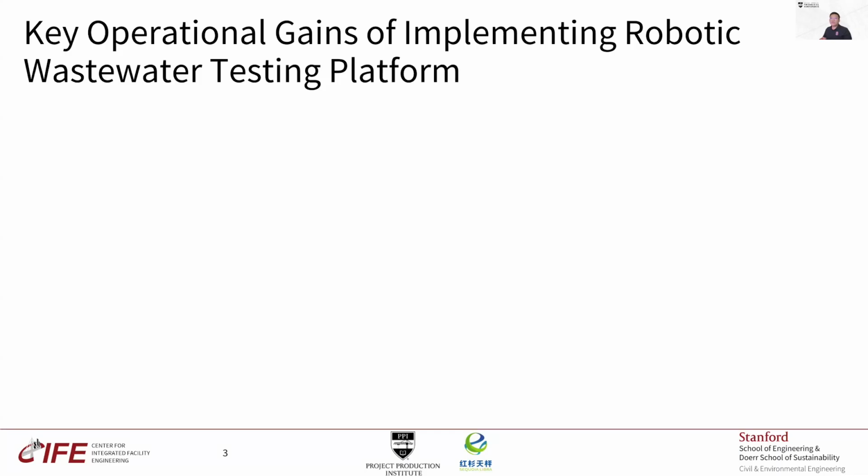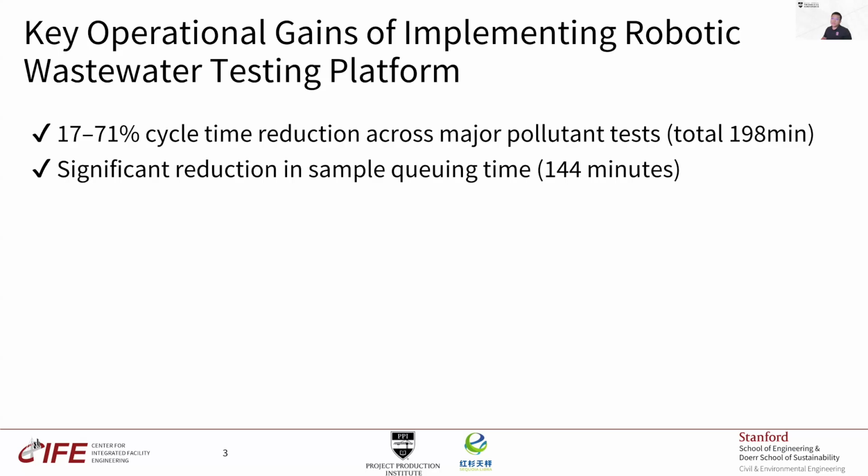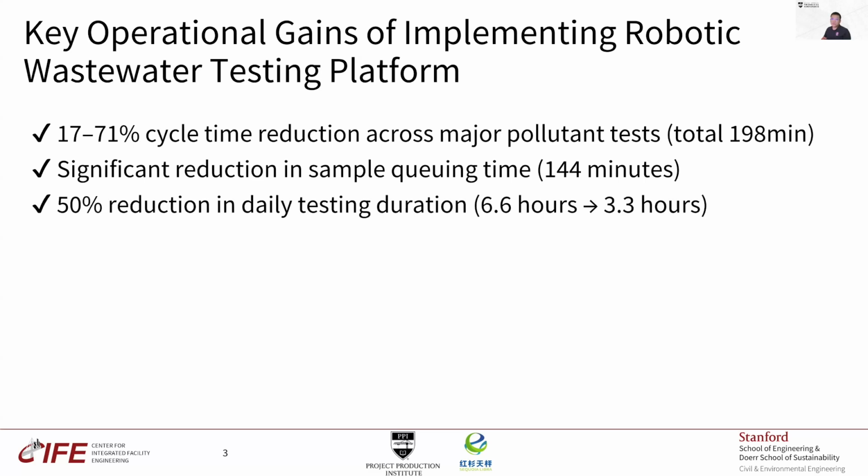The case study showed up to 71% cycle time reduction across a major pollutant test. It's a total saving of 198 minutes for each of the tests in one day. There's a significant reduction in sample queue time of 144 minutes, out of that around 200 minutes. There's a 50% reduction in the daily testing duration from 6.6 hours to 3.3 hours, so the plant can actually run more tests.